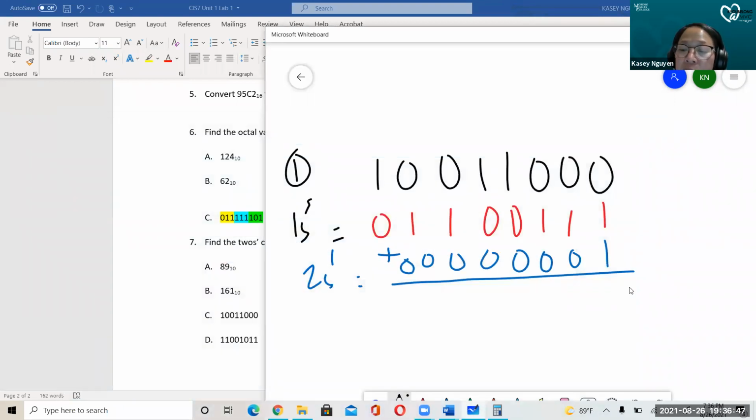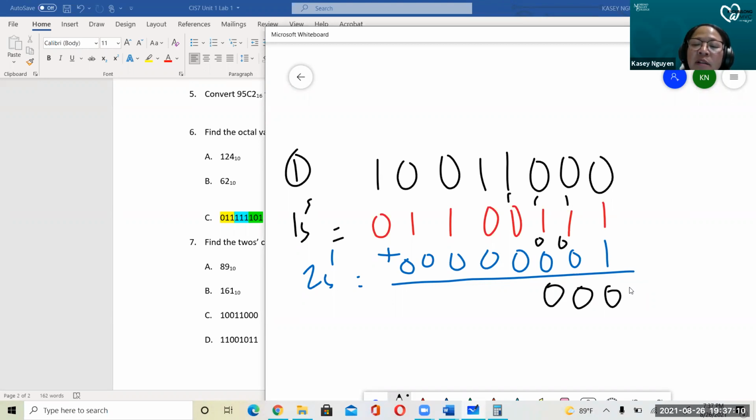Okay. A 1 plus a 1 is going to give me a 0 with the carry, right? A 1 with the 1 is a 0 with the carry. A 0 with the 0 is a 0. A 1 with the 1 is a 0 with the carry. A 0 with the 0 is a 0.